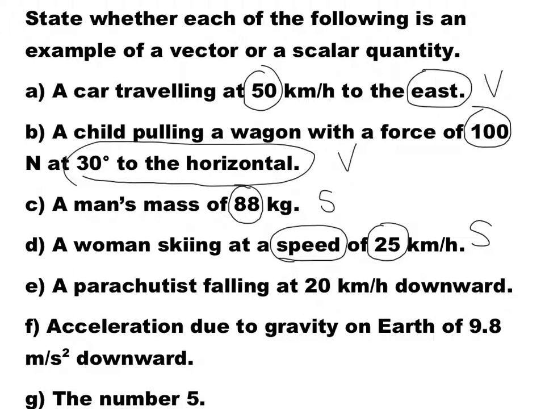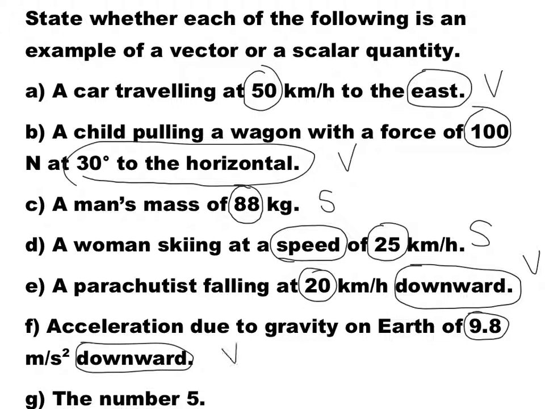The next one is a parachute falling at 20 kilometers per hour downward. You do have the magnitude and you also have the direction, so this one is a vector. The next one, acceleration due to gravity on Earth of 9.8 meters per square second, so this is the magnitude. Downward, the direction. This is a vector.